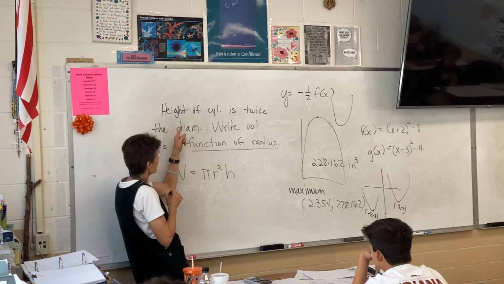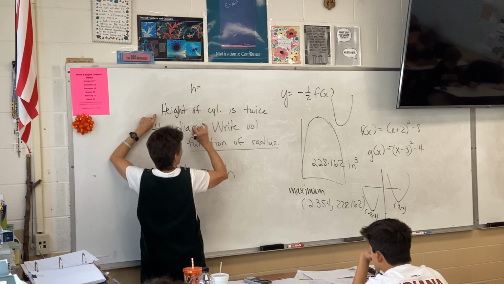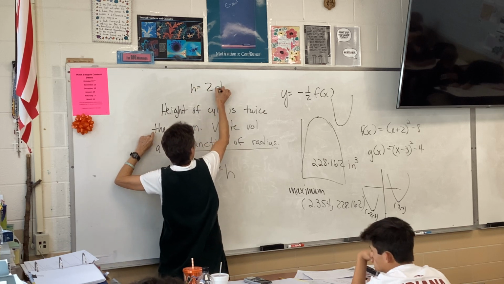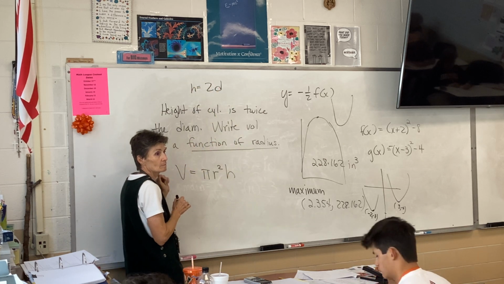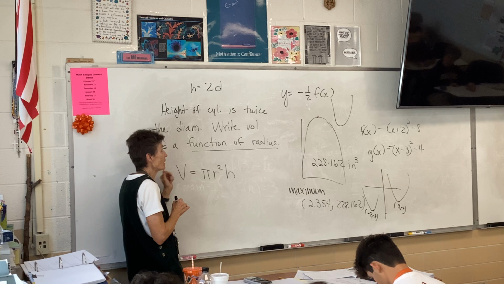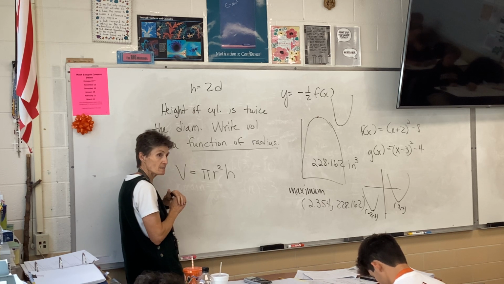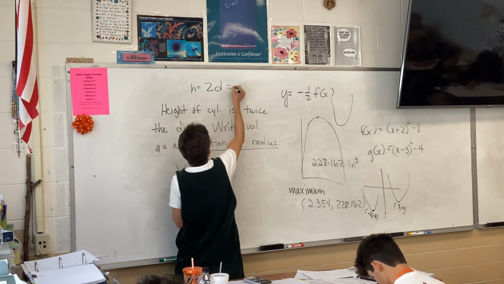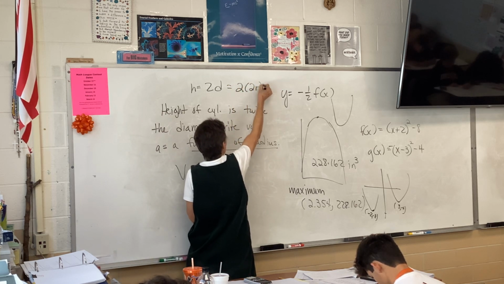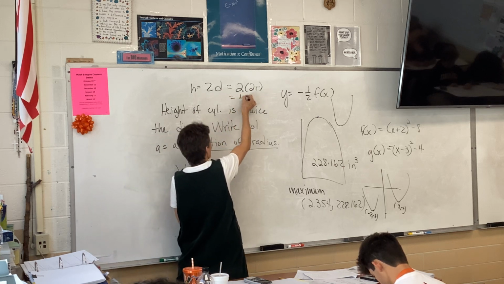So go back up into the problem. What did they tell us? The height is twice the diameter. Well, I don't want D's either. What do I know about diameter? That's twice the radius. So I can say 2 times 2r, which is 4r.